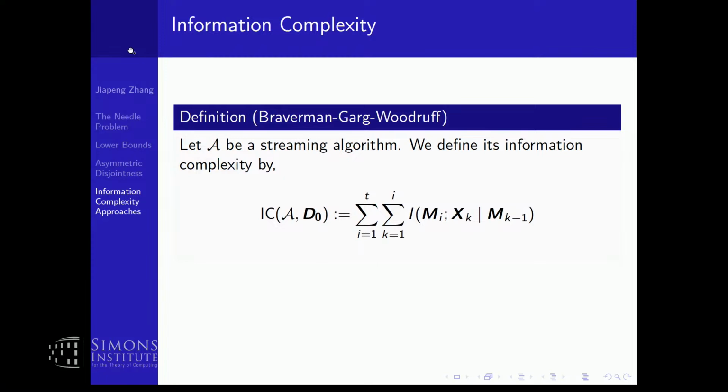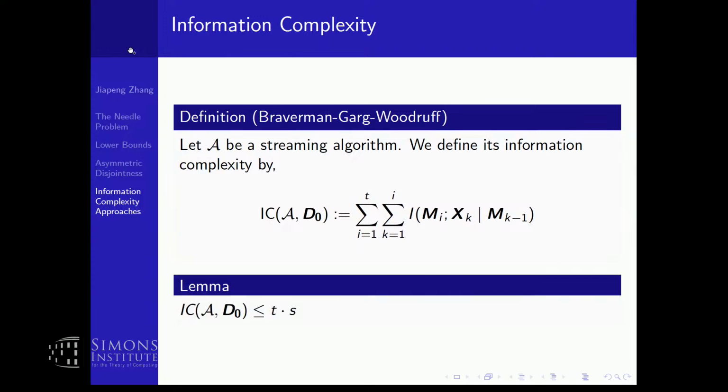The confusing thing is that the messages between M_{k-1} and M_i, combined with X_k, determine M_i, and you're ignoring those parts. Yeah, I just count some of them.